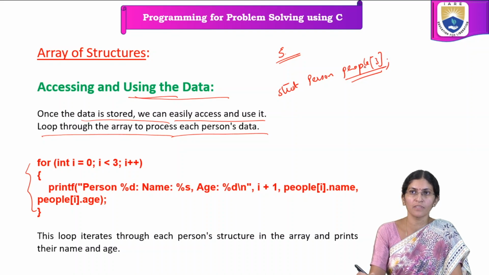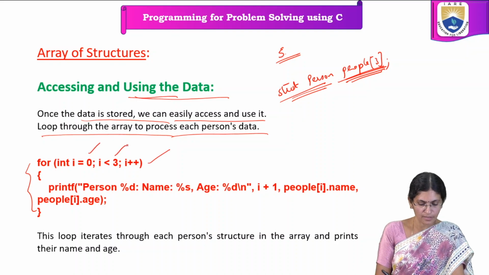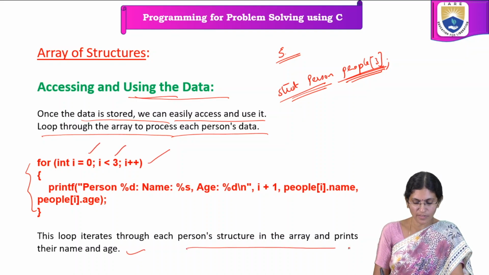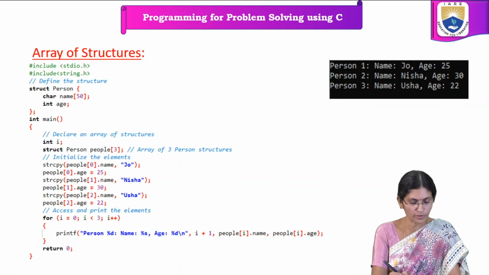The data type of each element of this array is struct person, so we need to loop 3 times, right from 0, with i less than 3. This loop iterates through each person structure in the array and prints the name and age. Let us see the complete program for this.